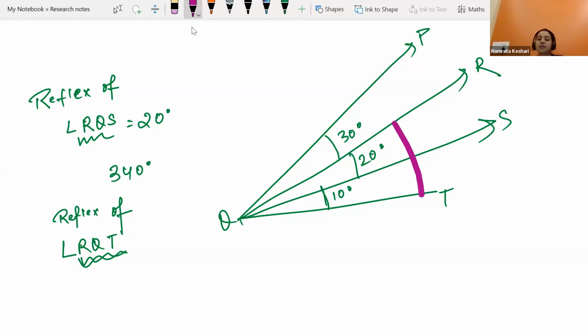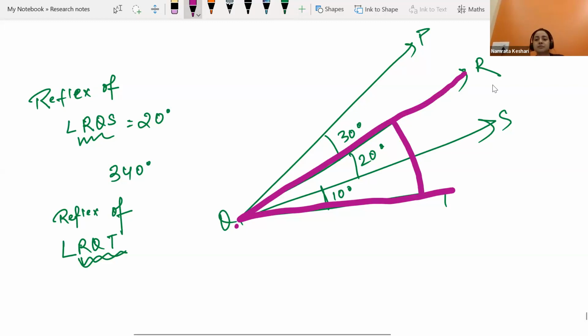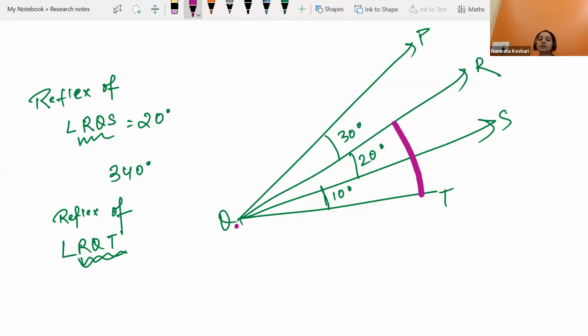Ma'am, that is 30 degrees. R to Q, Q to T. Check it, Heather. Can you see it is 30 degrees? If this is 30 degrees, then the reflex of this will be 330 degrees.